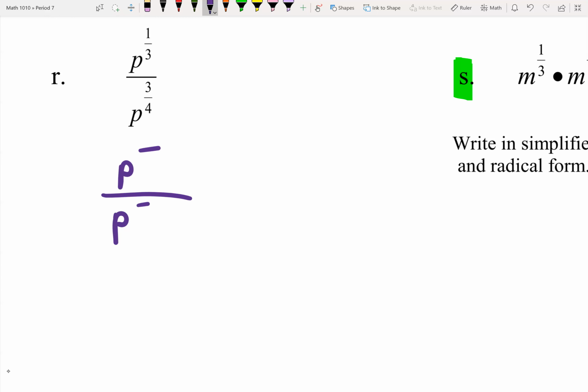If your denominators are 4 and 3, what's your common denominator going to be? 12. Multiply those together. So look at the top fraction, guys. You go 3 times 4 is 12, so 1 times 4 is 4. On the bottom, 4 times 3 is 12, so 3 times 3 is 9.